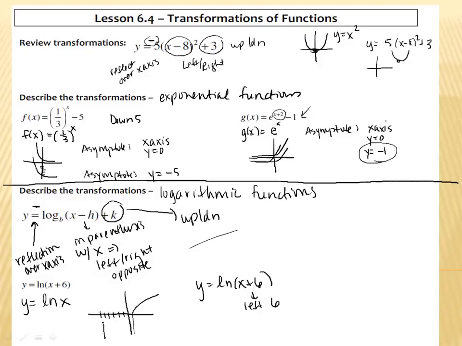So now my picture is going to come up along there and curve over to the right. So the asymptote here, remember, was the y-axis, which was the equation x equals 0. But now because I went left 6, my new asymptote is going to be x is equal to negative 6.